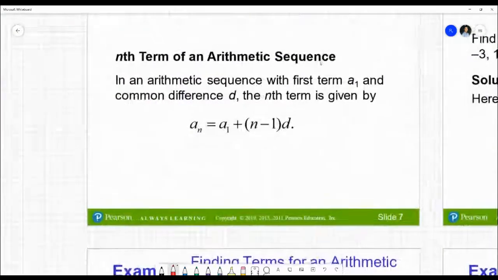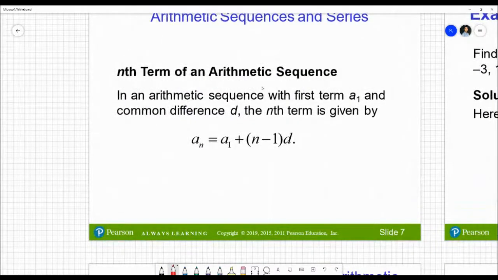All right, so here we come up with a formula to find any term of an arithmetic sequence. So let's look at this here. We have AN equals A1 plus N minus 1 times D. And you know A1 is our first term and D is our common difference.